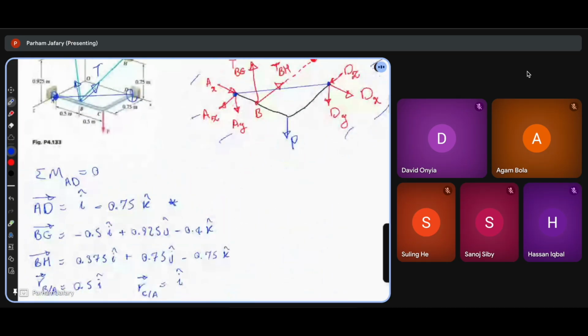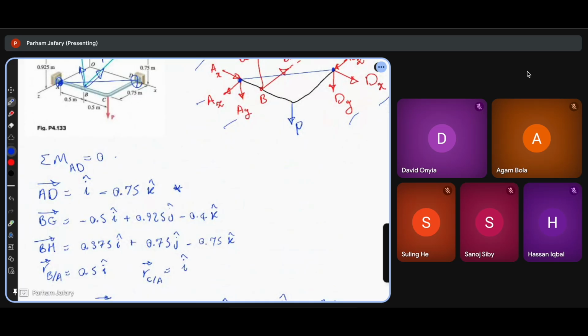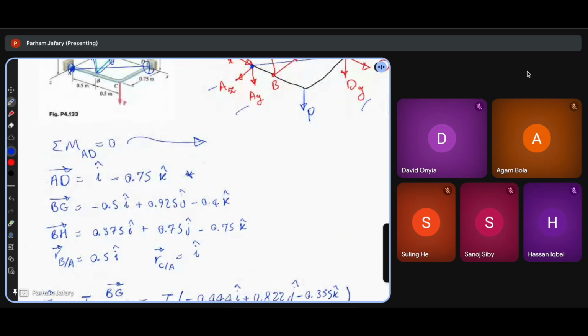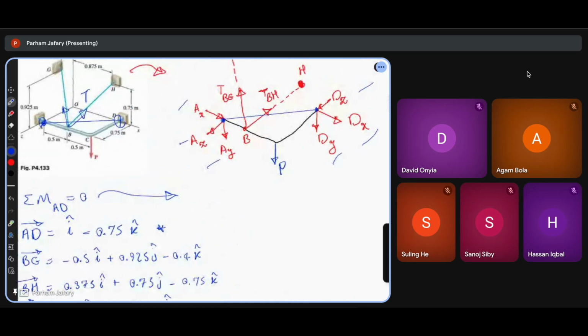Okay. Having all of them, now we can proceed with this equation. Can anyone help me to write down this one? So I want to write the moment around line AD.